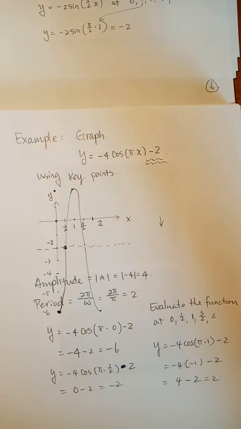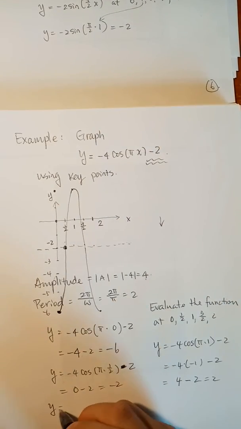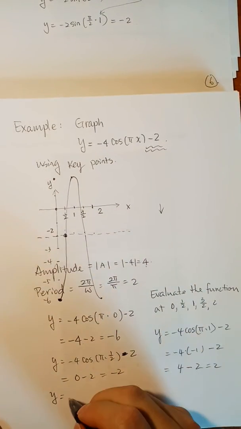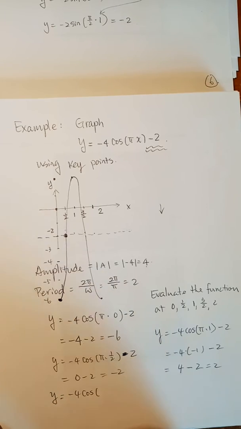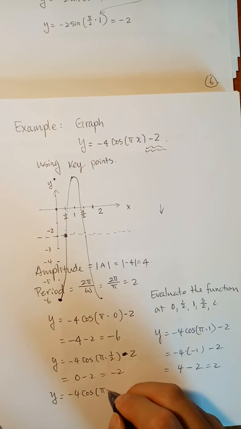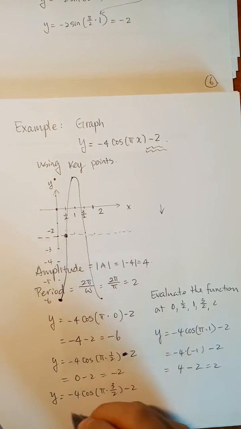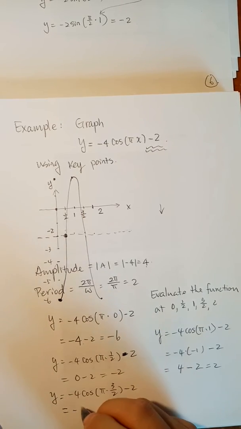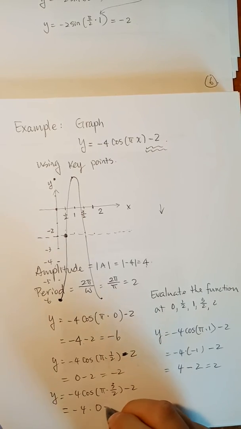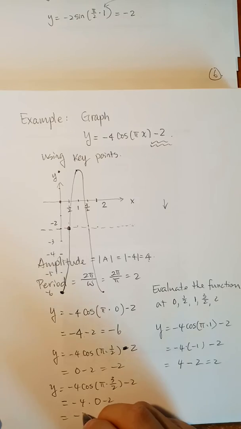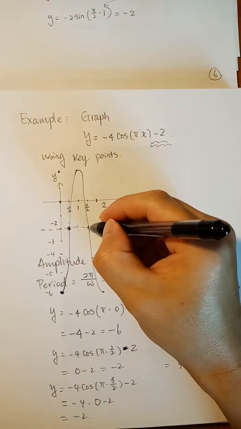Okay, if you want, we can finish all 5 evaluations. Pi times 3/2 minus 2. Cosine of 3 pi over 2 is 0, minus 2 is negative 2. So that's why you get this negative 2 back.